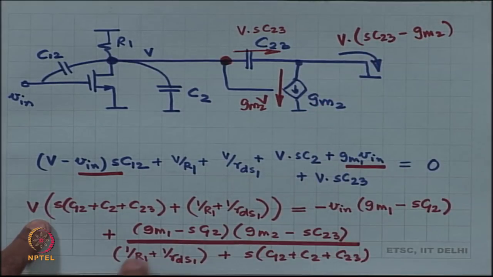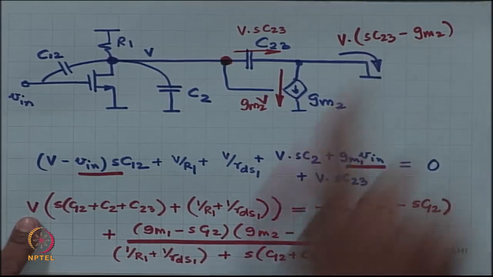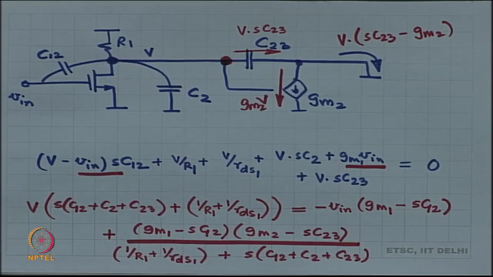Current divided by V in is therefore just V by V in times this extra factor. Okay. So, this is my short circuit transconductance, and unfortunately it is not complete, right, you have to put it in the form, all right.